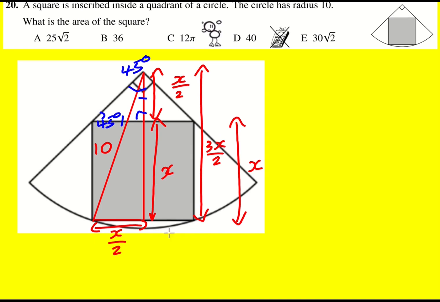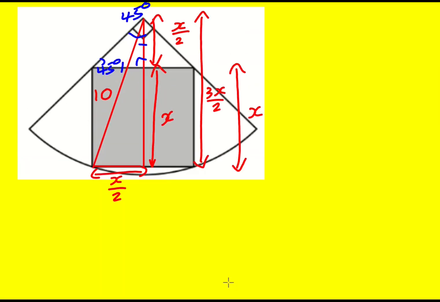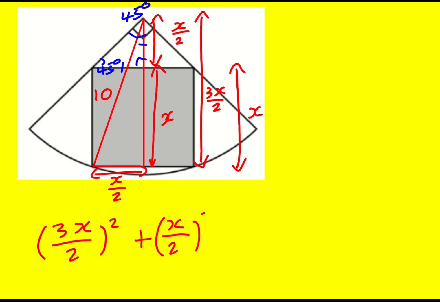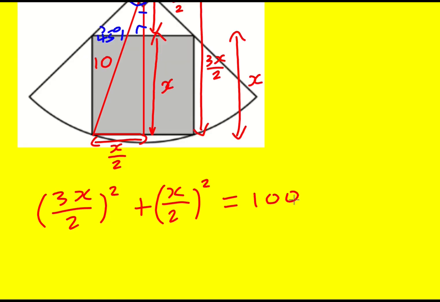So now I can use Pythagoras' theorem. 3x over 2 squared plus x over 2 squared is going to equal 10 squared, or 100. 9x squared over 4 plus x squared over 4 is going to equal 100.